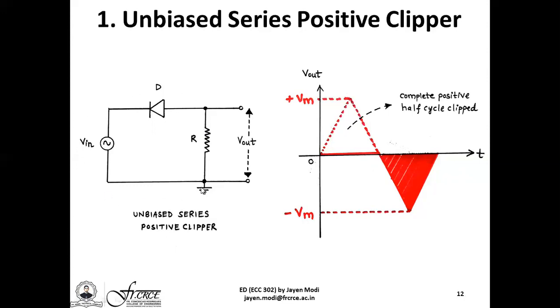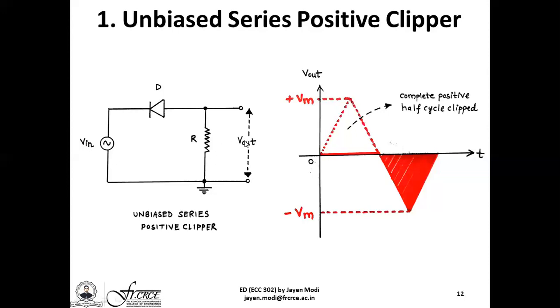And as the earlier slides said, the clipper circuit is a very simple two-port network containing a single resistor R and a single diode D. Now, the title is Unbiased Series Positive Clipper. So, needless to say, this circuit will clip off the positive half cycle of the incoming AC input signal Vin, while it allows the negative half cycle of the AC input signal to appear at the output.